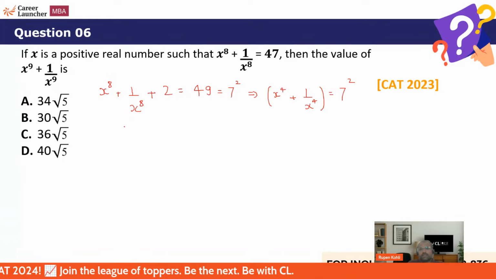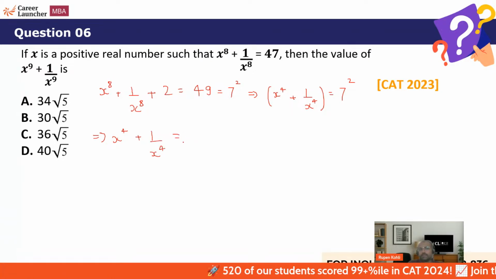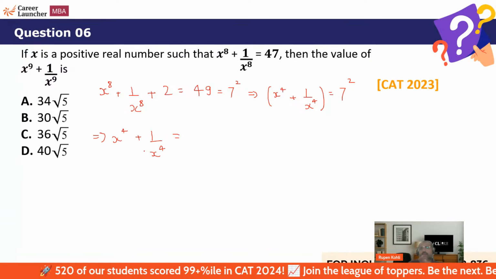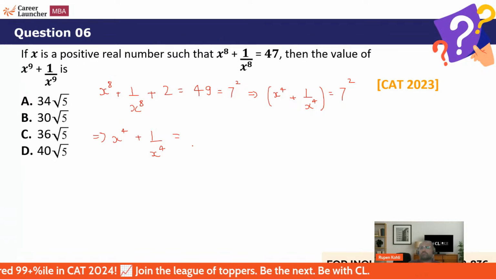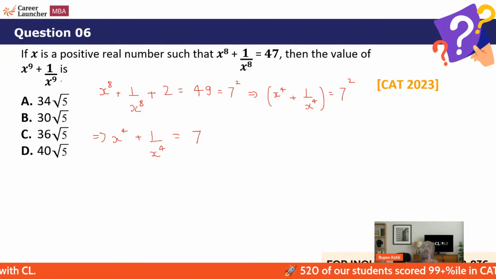So we get the value that x raised to power 4 plus reciprocal is 7. Now don't say plus minus 7, because x is a positive real number, and in any which way, the x4 plus 1 by x4 value can never be negative. It's a fourth power number. It is always positive. Even if we later get some value in which we can write plus minus, we know that we have to only take the positive value.